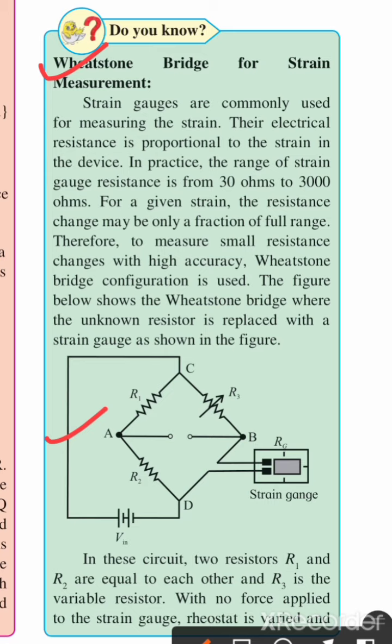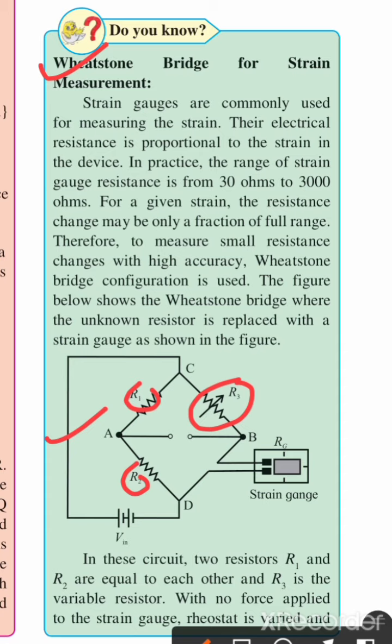This figure shows two resistors R1 and R2 which have equal values, and a third resistor R3 which has a variable value. In this third resistor we connect a resistance box which gives a variable value of resistance.